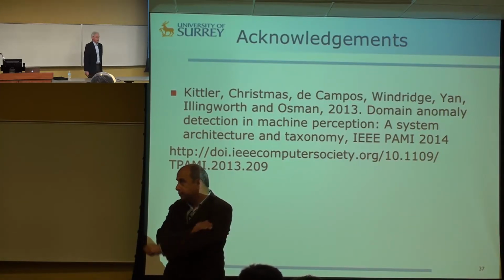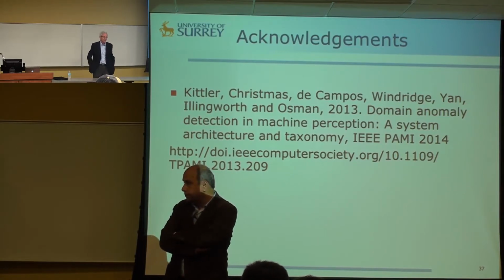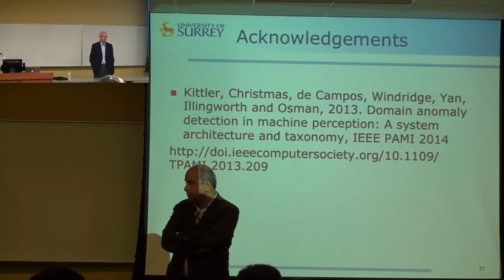That's always a problem in any application of computer vision and other sensory modalities. For some situations you have very little data, and it's going to be very difficult to learn what is normal.